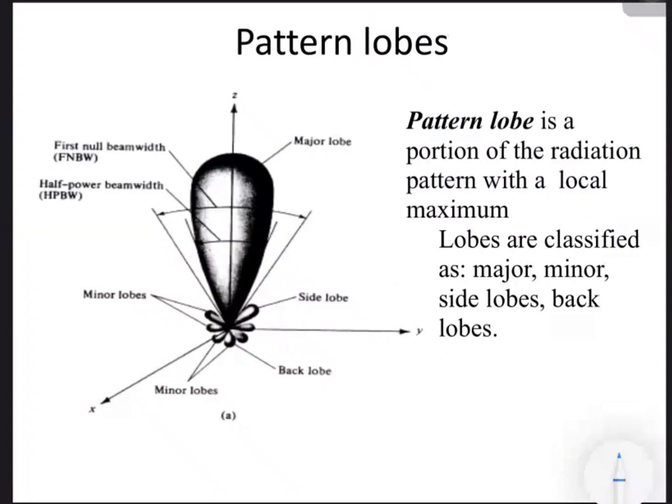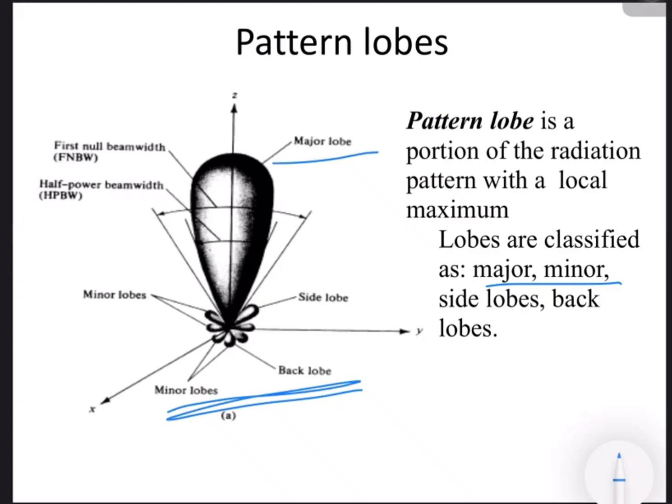So this is what we call a pattern lobe. The pattern lobe is a portion of the radiation pattern with a local maximum. As explained earlier, there are three lobes: major lobe, minor lobe, and side lobes and back lobes. So these are the minor lobes and back lobe, which is named either way.